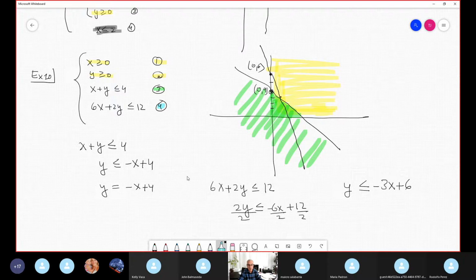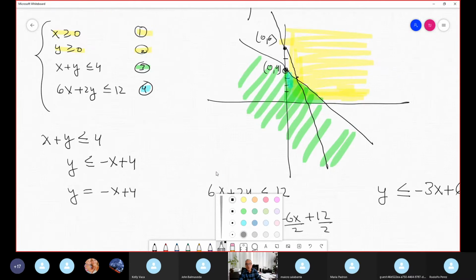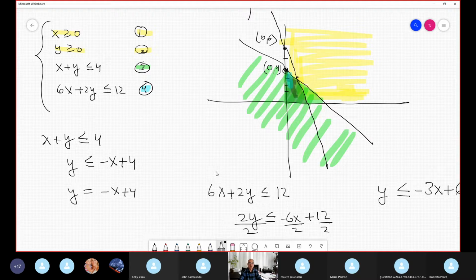So now, using the blue color, the region below this line together with the green part is this. Gray is good. I suppose this is my solution.